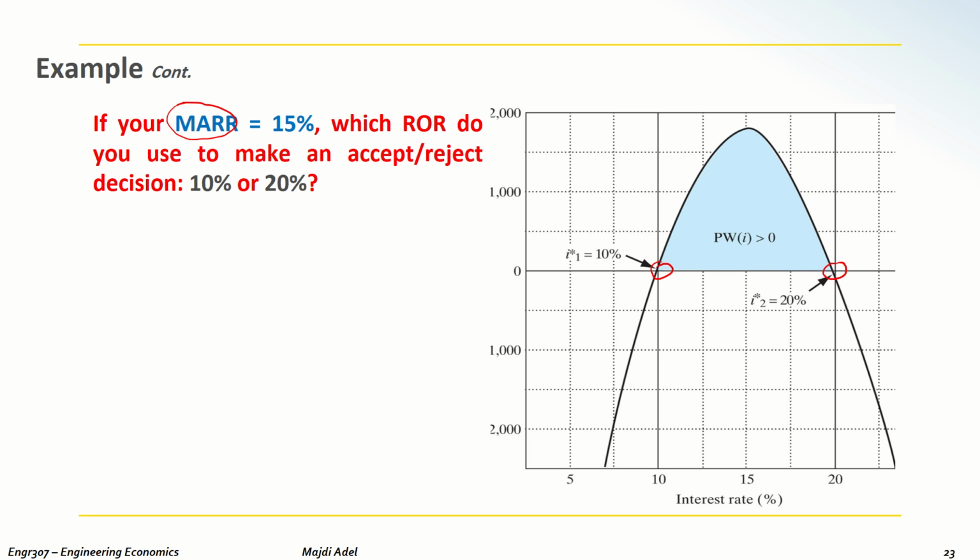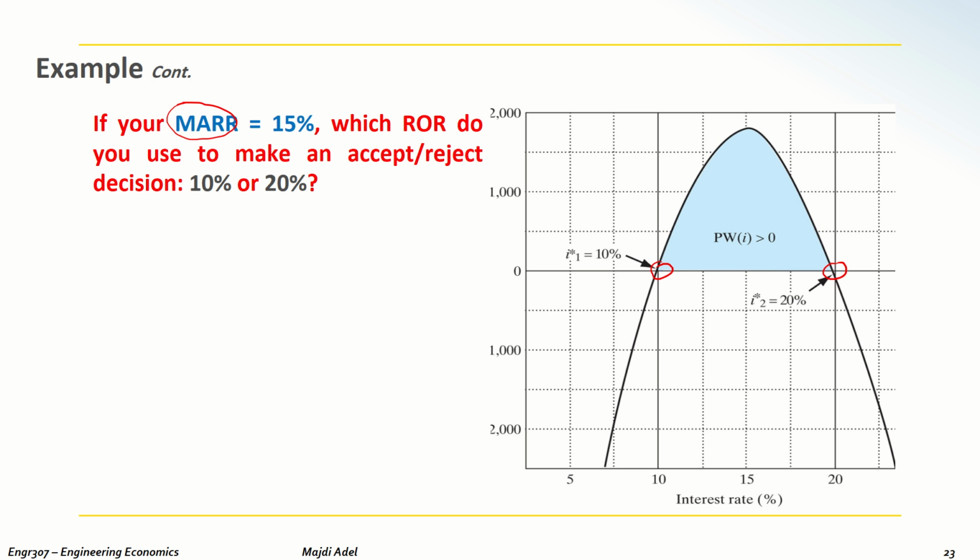So in this case, بدي أعمل قرار. وفي هاي الحالة, if I'm going to make a decision based on the IRR, بدي أعمل قرار بناء على the internal rate of return, I must compare it to the minimum attractive rate of return.